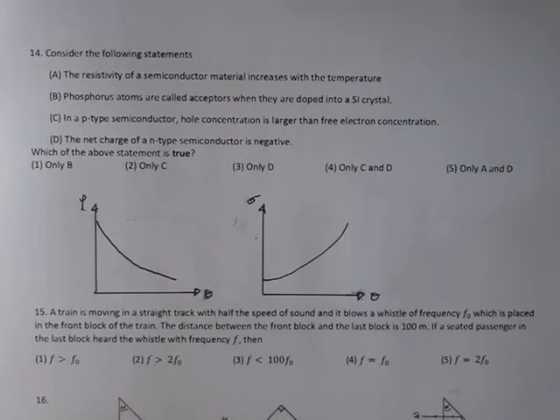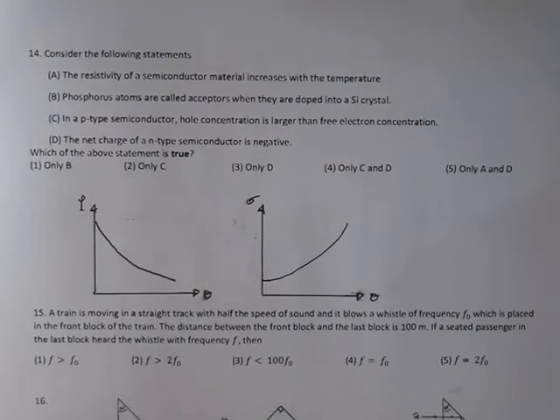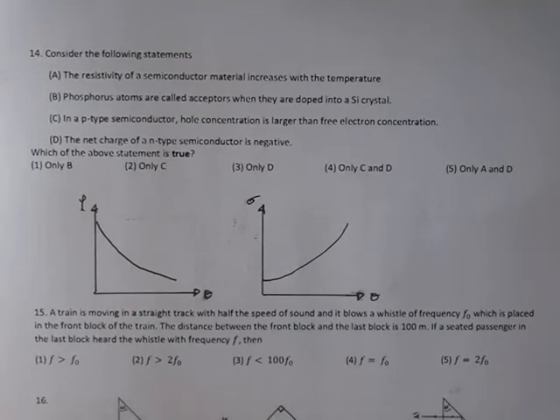Okay, next one. Phosphorus atoms are called acceptors when they are doped into a silicon crystal. This statement is false because we know phosphorus is a group 5 element, so it has 5 valence electrons. That means 5 electrons in the outer shell.